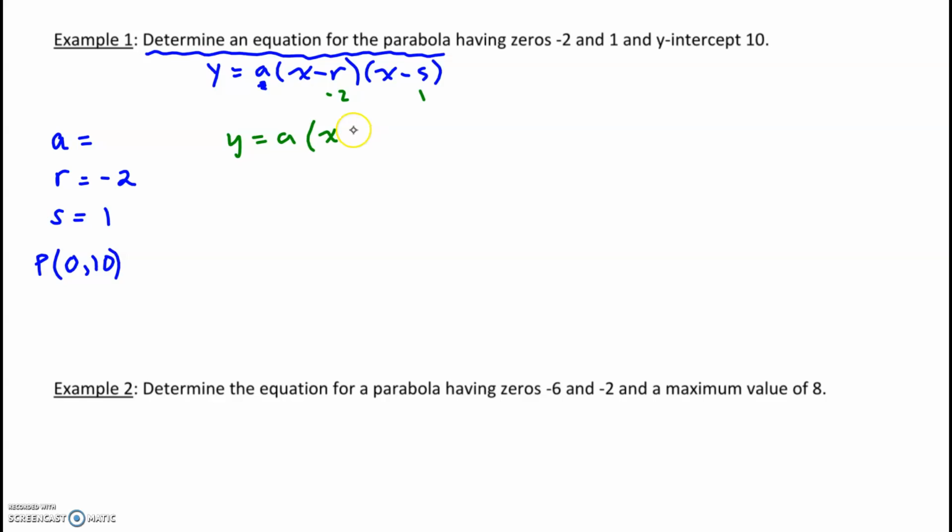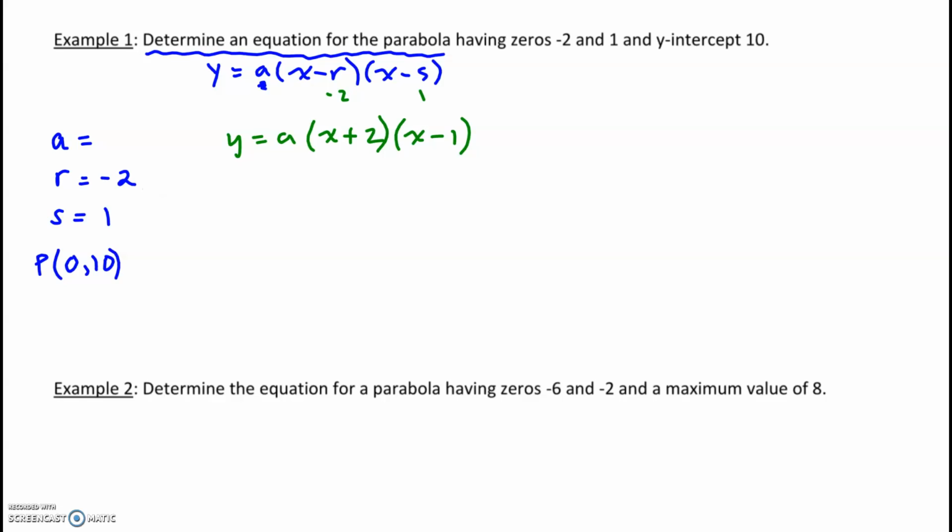And that makes sense with what we already know about the zeros and the factors in the factored form of the equation. We know they're the opposite once they come out of the bracket. So it's a plus 2 here, and we know the zero is -2, that makes sense. It's the opposite. So that means in here I would have x minus 1, and again that makes sense. It's a -1 here, and when the factor is pulled out, it's a +1 as the zero.